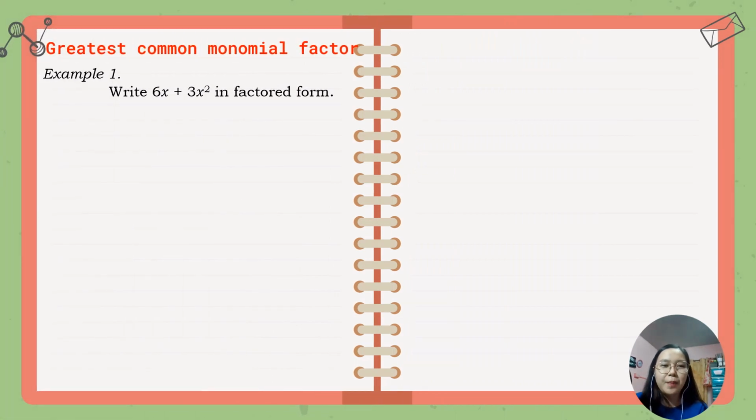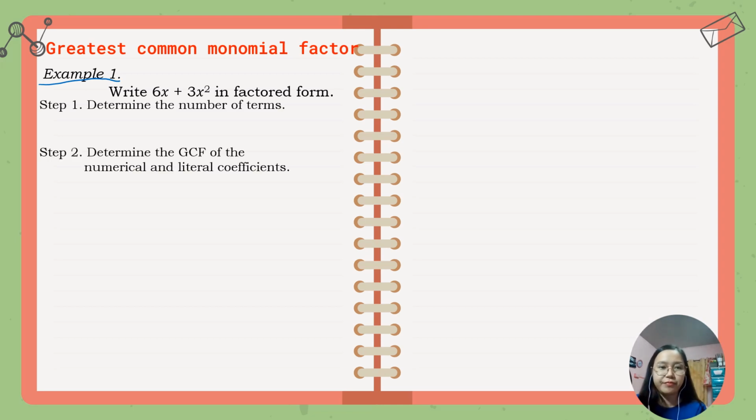Now, example number 1. Write 6x plus 3x squared in factored form. Step 1: Determine the number of terms. Siyempre, yung terms dyan is 6x and ano pa? Ito, 3x squared. That is the terms.